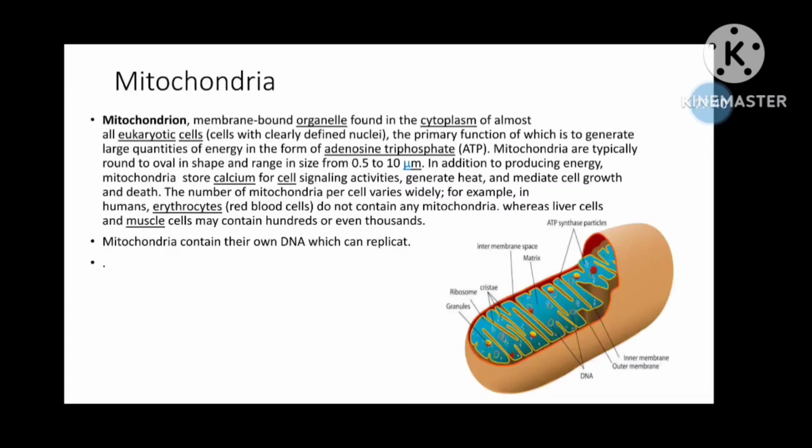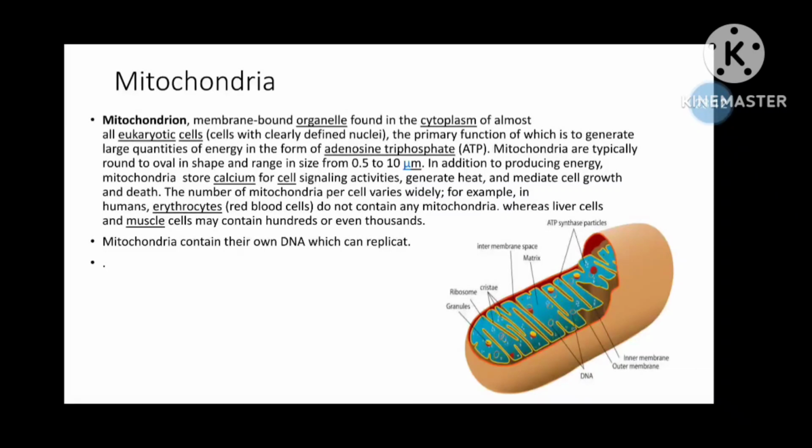Some cells have few mitochondria, but some cells have a large number. Also, mitochondria contain their own DNA through which they can replicate. So mitochondria have the capability to replicate because they contain DNA.